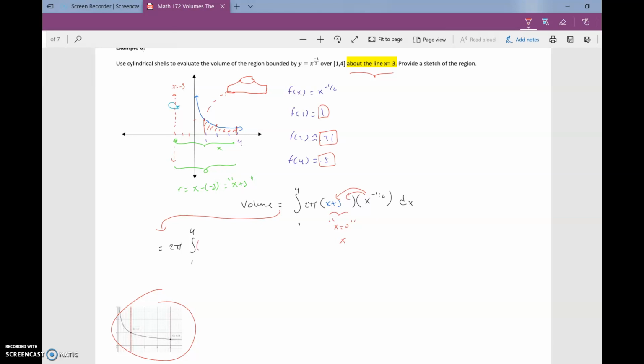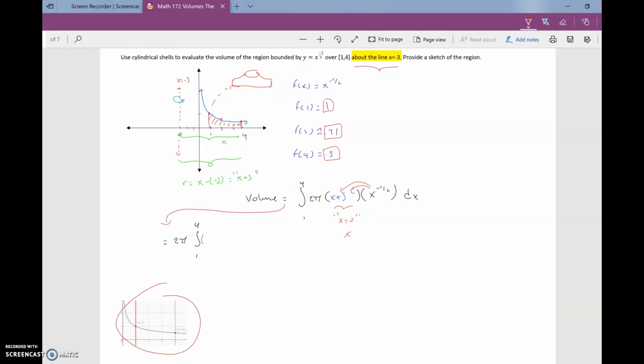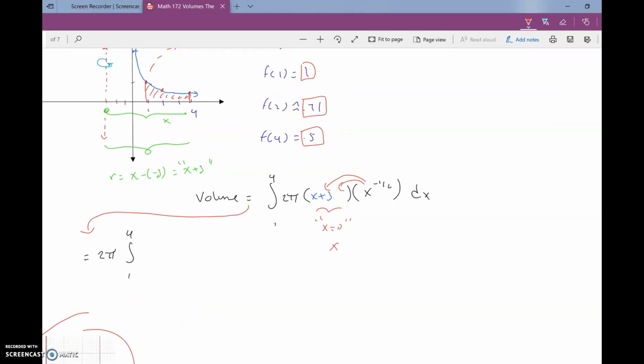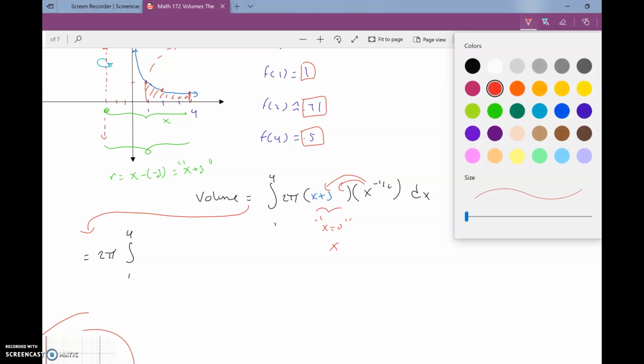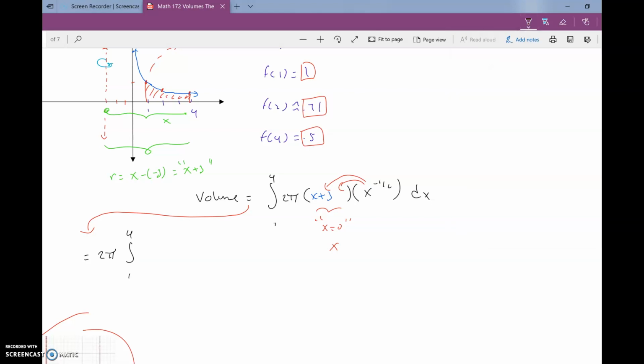So that's going to give us x to the 1/2 plus a 3 x to the negative 1/2 with respect to x.